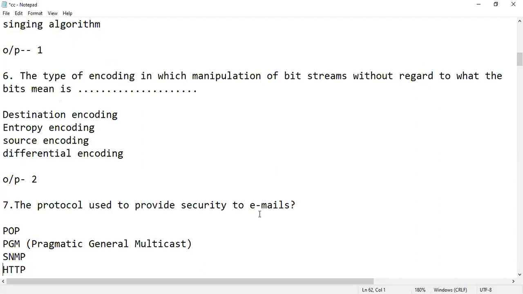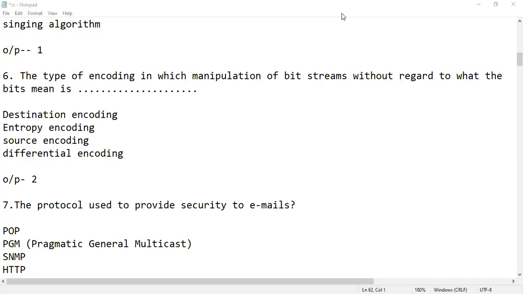The options are POP, PGM, SNMP, and HTTP. The answer will be PGM.